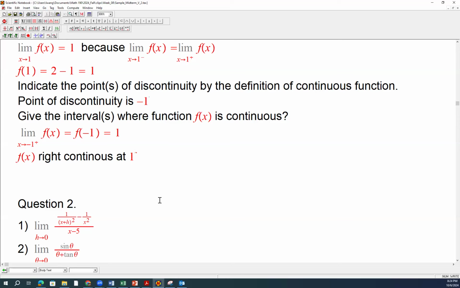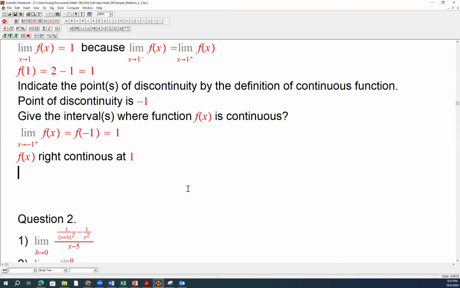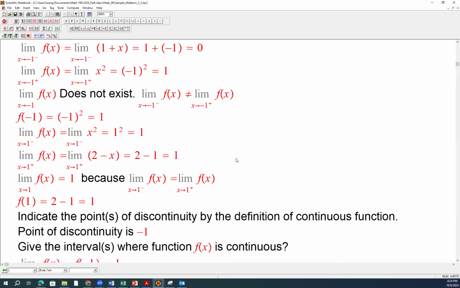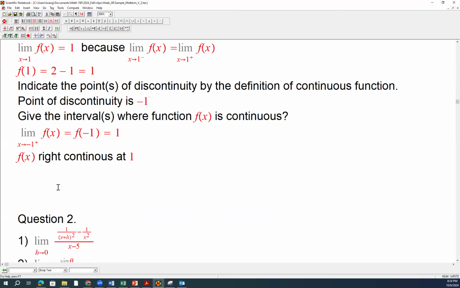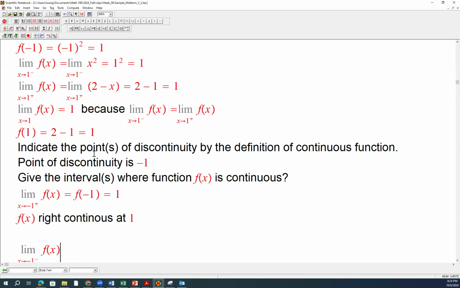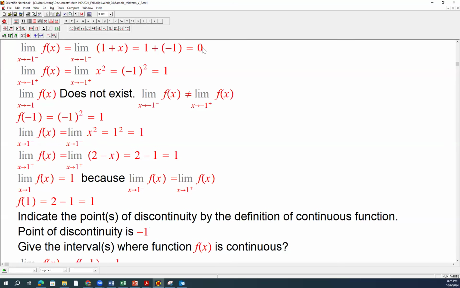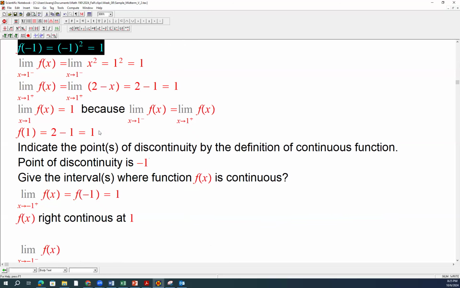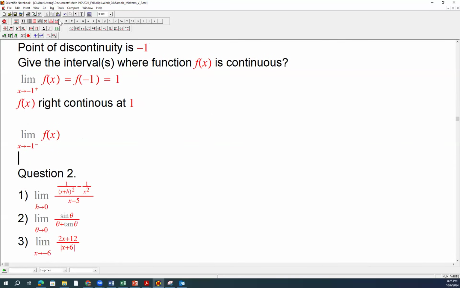Right continuous at -1. But is it left continuous at -1? Obviously, it is not. So we can quote the reason. When x is approaching -1 from smaller than -1, that equals 0. But the function's value at -1 is 1. So we compare these two.